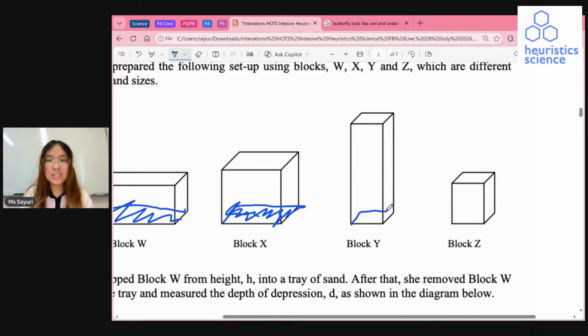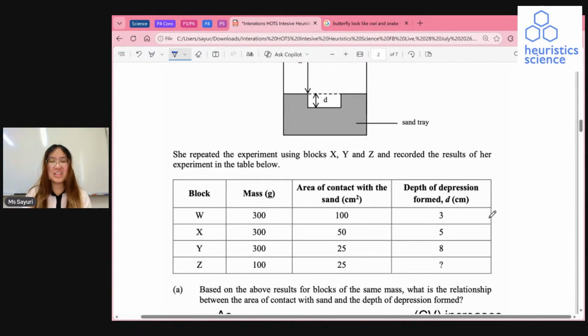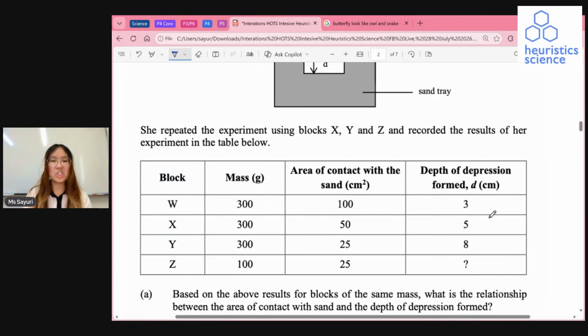We're only focusing on the surface area. This is the surface area that first touched the sand, and we know that Y and Z are the same surface area. Over here it says, based on the above results, for the blocks of the same mass, what is the relationship?